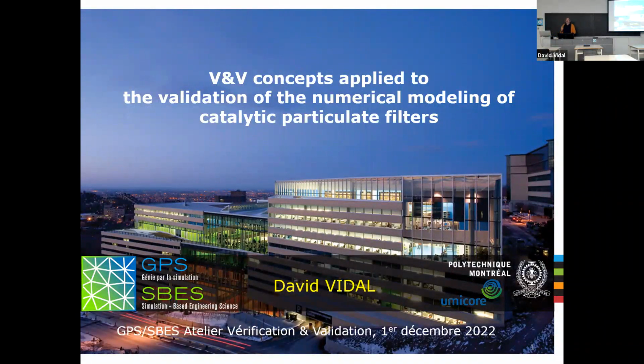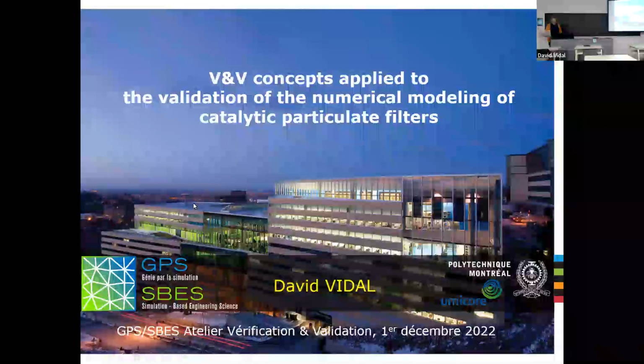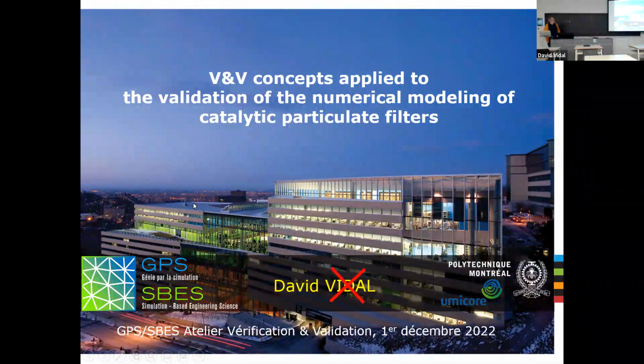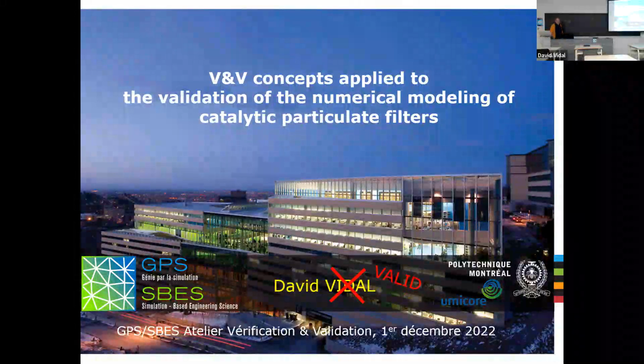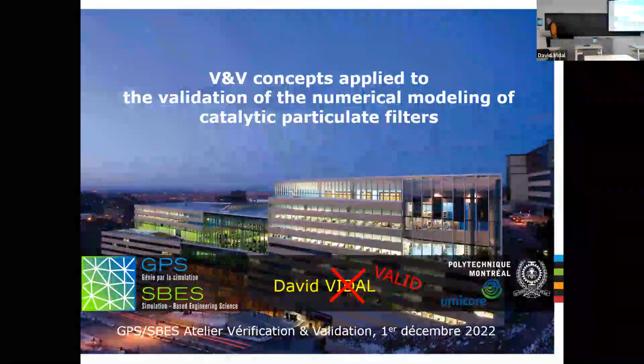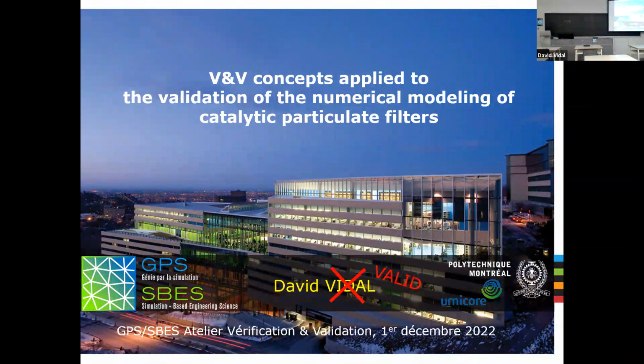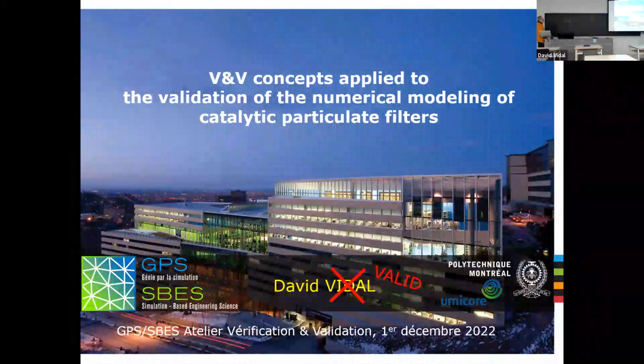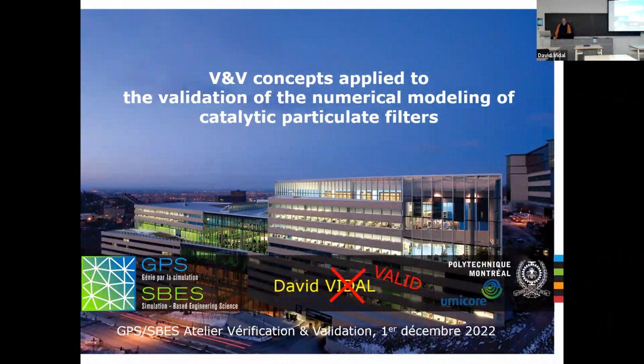And then recently, what I realized is that not only do I have voids in my name, I can reformulate my name and put valid instead. So I'm meant for working in validation of porous materials. So this is what I'm going to be talking about today.